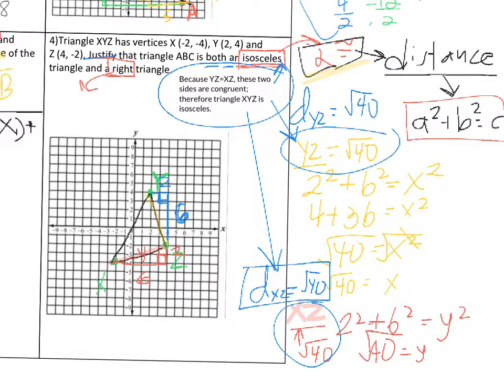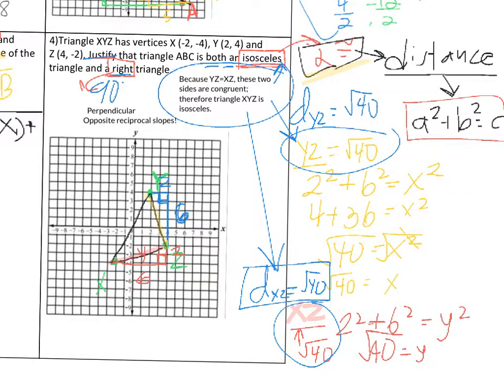Again, though, we are not done because we have not justified that it is also a right triangle. When you hear a right triangle, you should think about a triangle that contains a 90-degree angle, which means that two sides are what we call perpendicular. And when we say perpendicular, you say opposite reciprocal slopes.